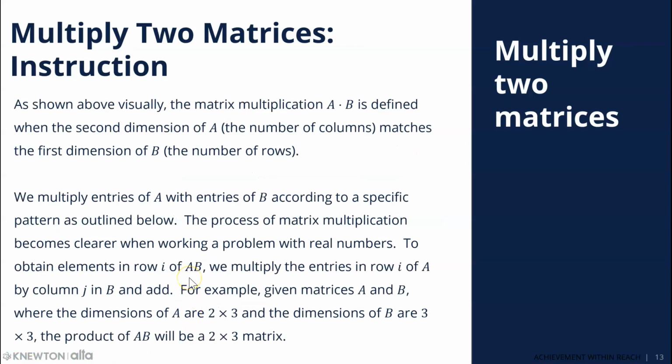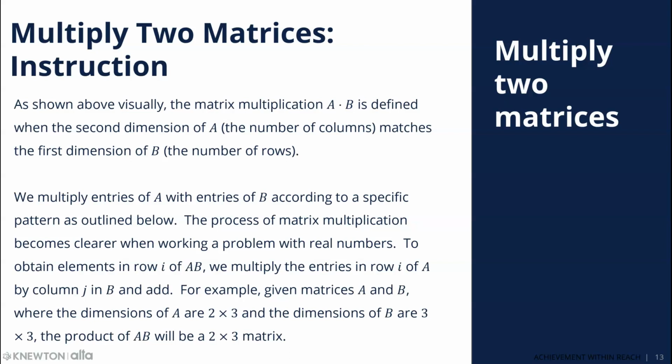So the product of two matrices, say for instance AB, can be obtained by multiplying the elements in the rows by the elements in the column of the second matrix and adding the products.